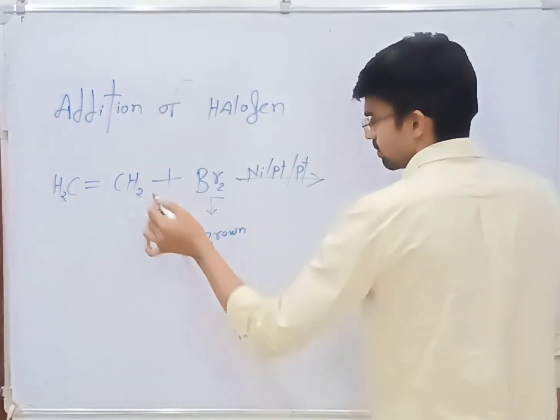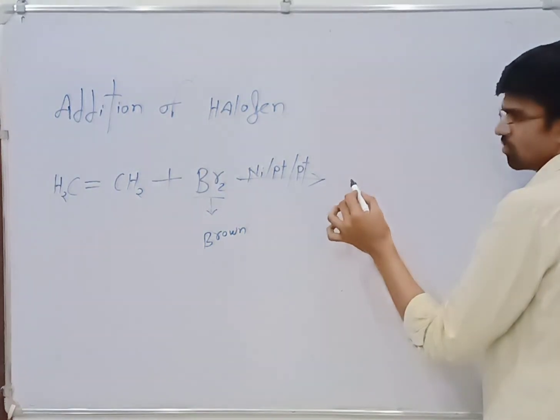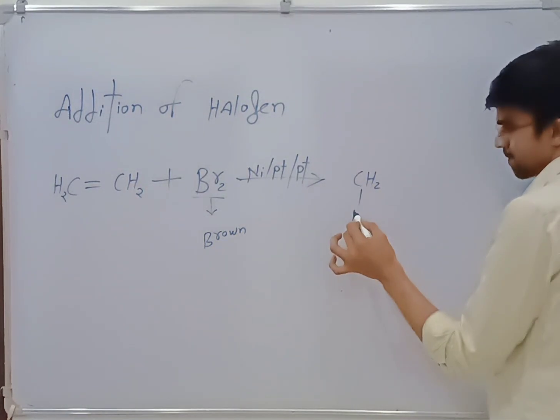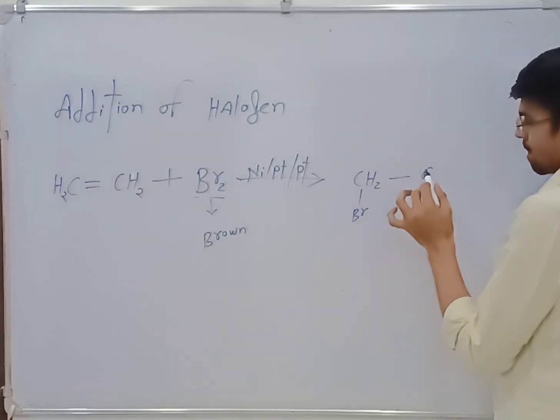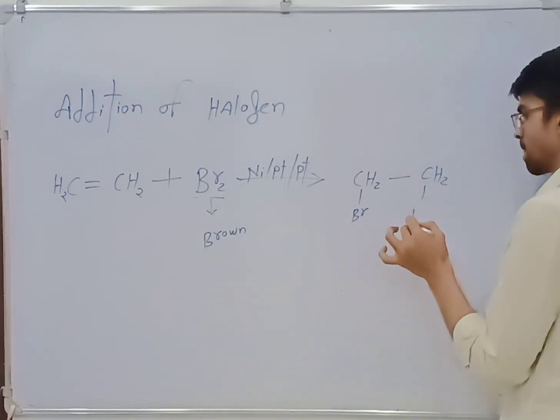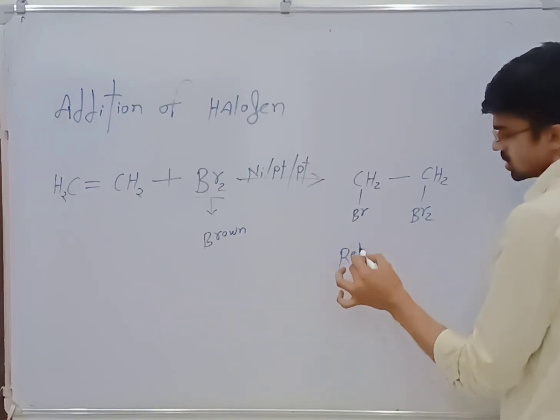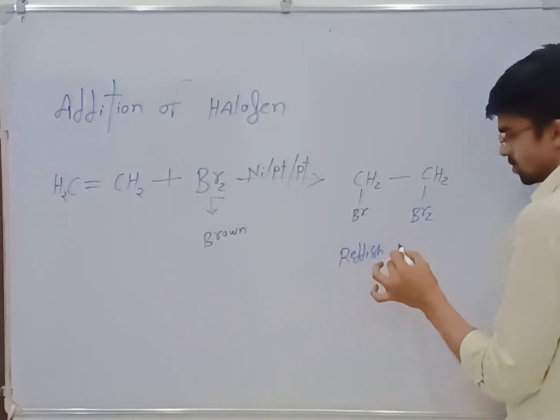After combining with the alkene, it will form a reddish brown color.